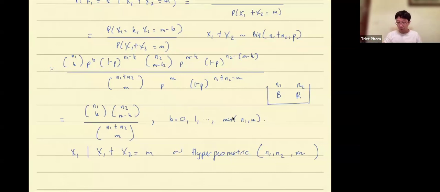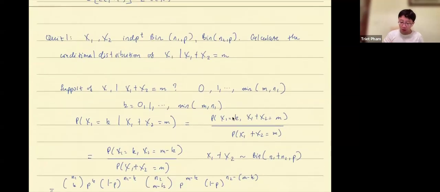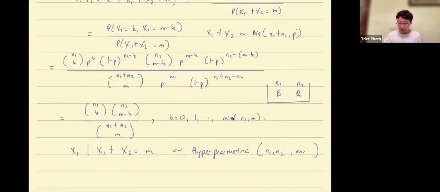And if you check, that's exactly what this expression is. Okay. Now, can we give an interpretation for this? Why is it that when x1, x2 are independent binomials with the same success rate, then conditioned on the total of x1 plus x2, it's going to be a hypergeometric like this? What's the interpretation?